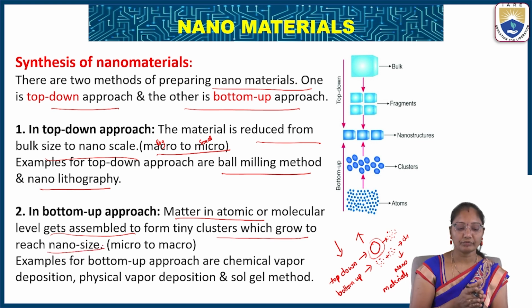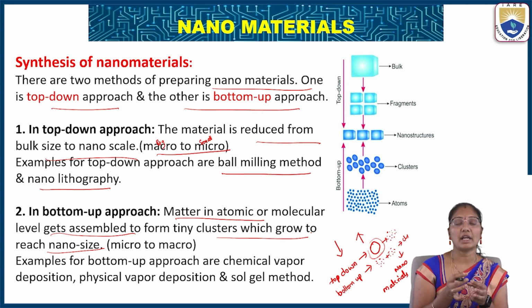As we know, the atomic and molecular level comes under the category of below 10 to the power of minus 8 or 9. It ranges in the order of 1 angstrom, or 10 to the power of minus 10. So these are very tiny compared to the nanoparticles.